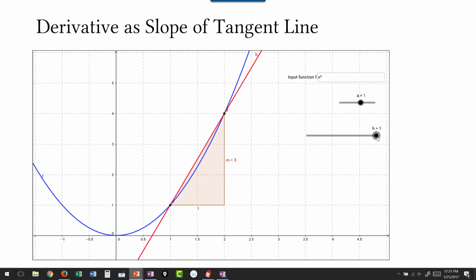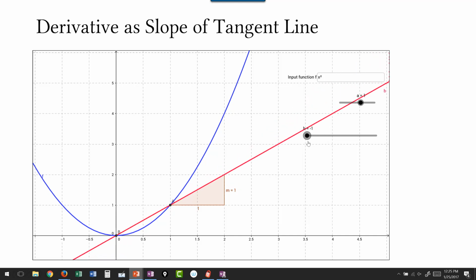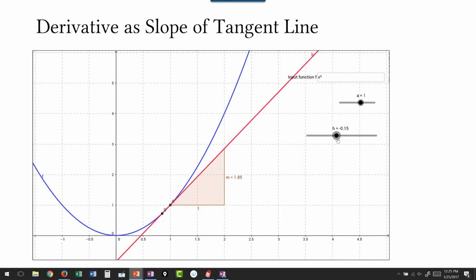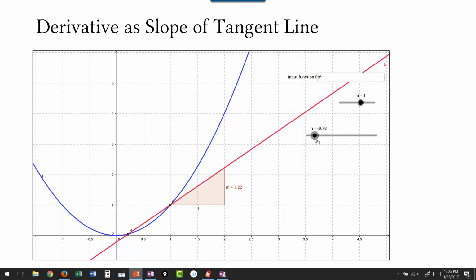So as we let h go to 0, which I can do with this slider, we see the points A and B coalesce, and as they do, we get a tangent line to the graph, one that touches only at one point, as opposed to a secant line which goes through 2 points. So we can go back and forth, seeing secant lines approaching the tangent line from either side.